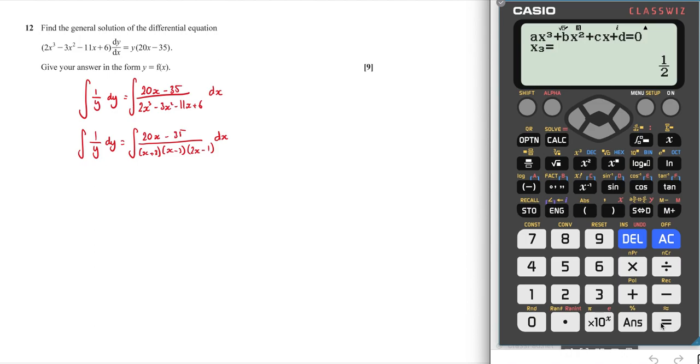Right. So that's just from experience that we haven't really seen partial fractions yet. So it's going to be in here somewhere, and I do like it in a differential equations question.